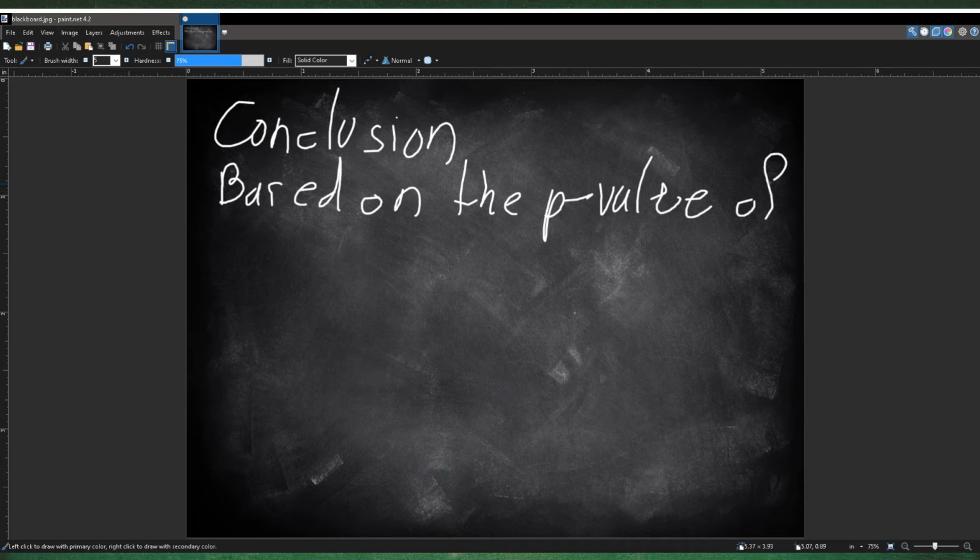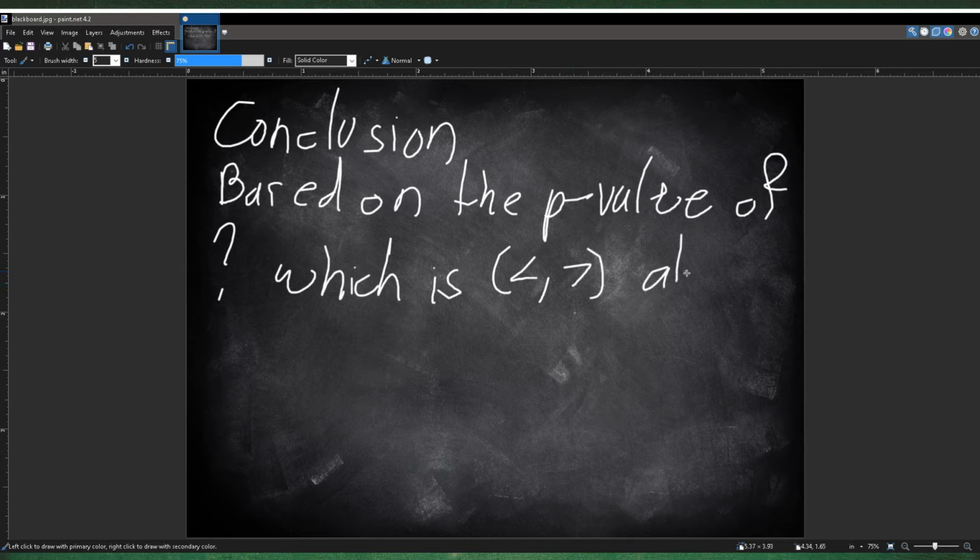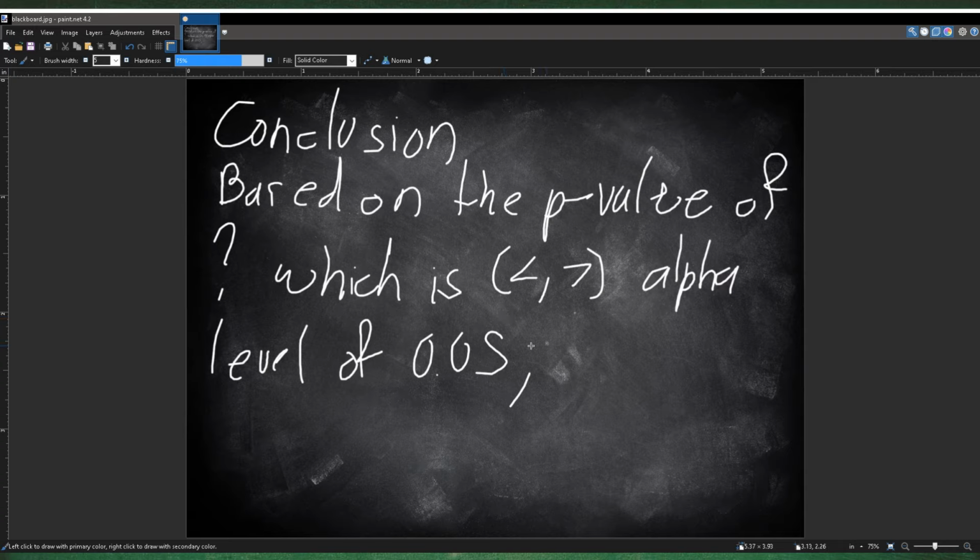So the p-value of whatever your number is, is either less than or greater than the alpha level of 0.05, and then you write a statement. So, based on my p-value of, let's say, 0.02, which is less than the alpha level of 0.05, then that's what you're going to do. So okay.